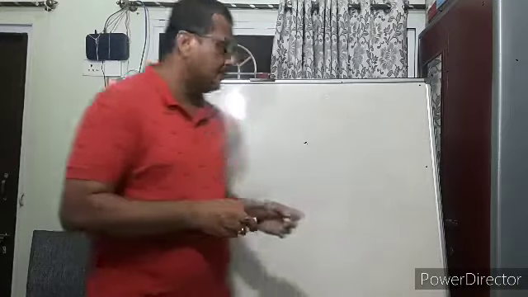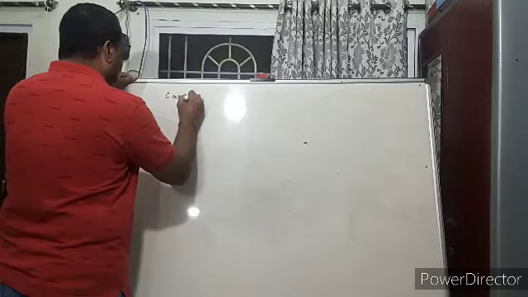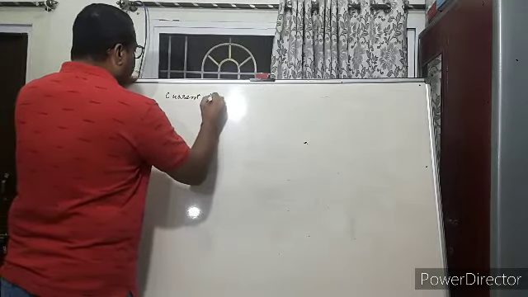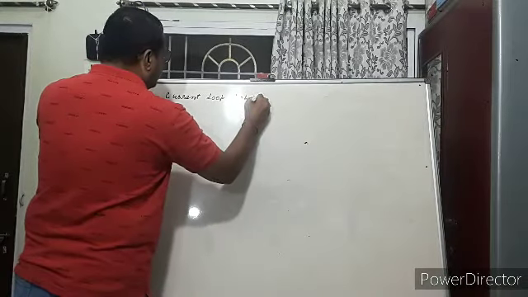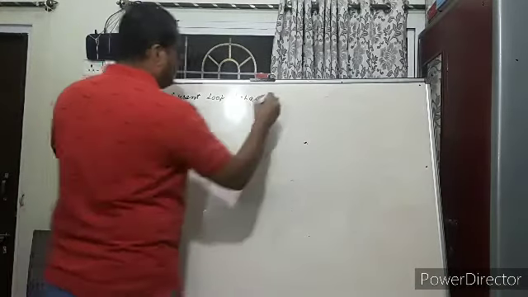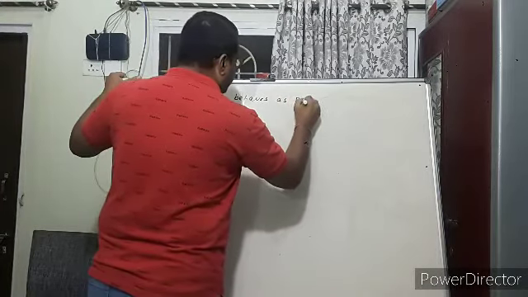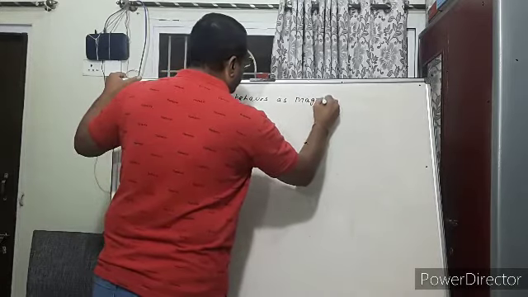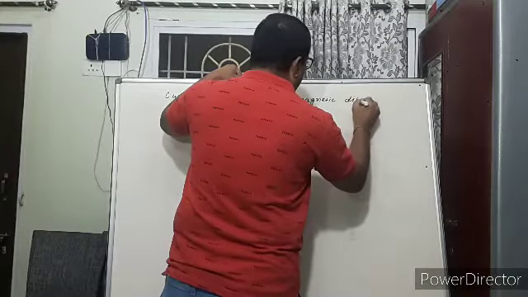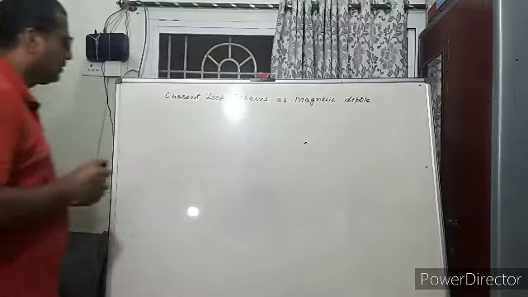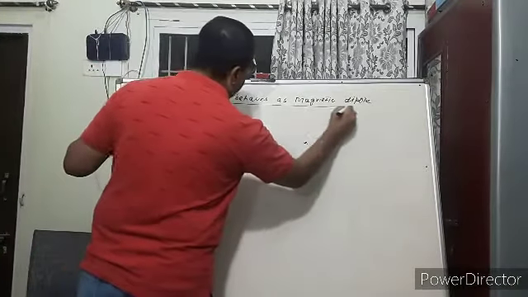So now see, a current loop behaves as a magnetic dipole.